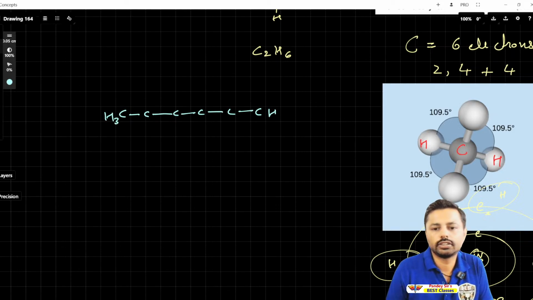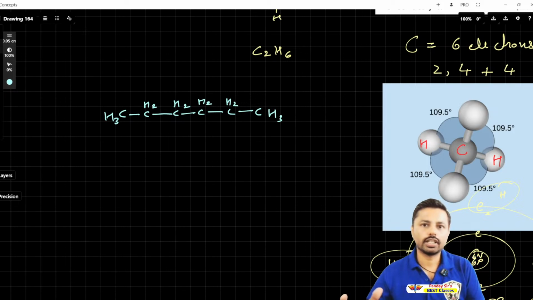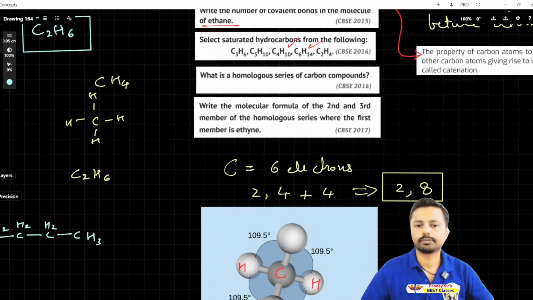H3 here, H3 here. So we got a total of 6 out of 14. If we got 6, how many will be there? 8. So 1, 2, 3, 4, H2, H2, H2, and H2. All single bonds. There are no double bonds, and that's why it's a saturated hydrocarbon.